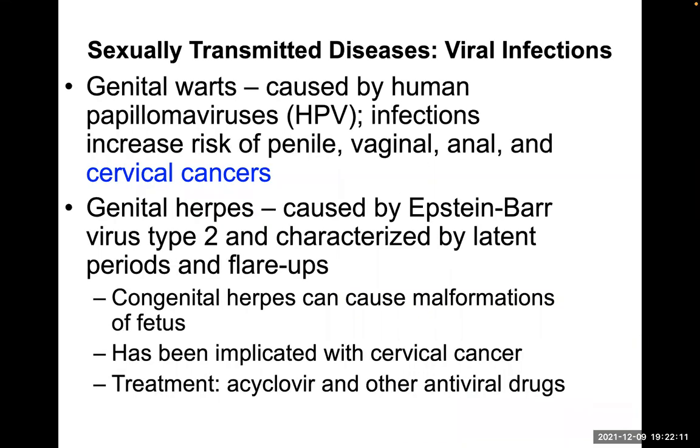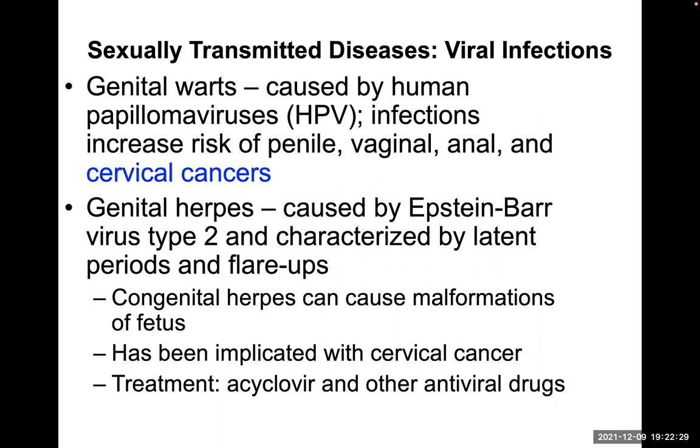And then for viral STDs, we have HPV, which has many, many different strains. HPV is a virus that infects epithelial tissue. So it is not a bloodborne virus. It is a virus that is found in the epithelial tissue of the genitals.